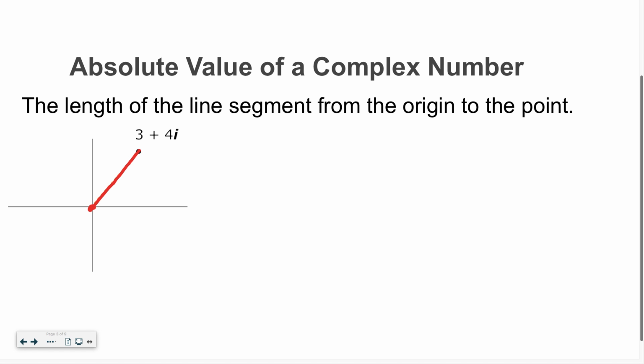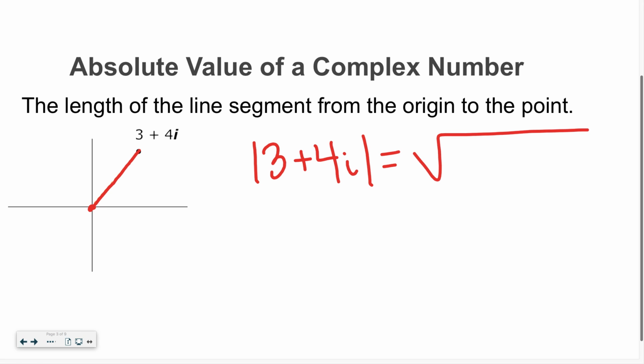The Pythagorean theorem. We know that the absolute value of 3 plus 4i is going to be the square root of 3 squared plus 4 squared. Notice how I did not use 4i, I used 4 because that is the vertical distance from the origin. The i is just representing that it was on the imaginary axis. Does that look familiar?